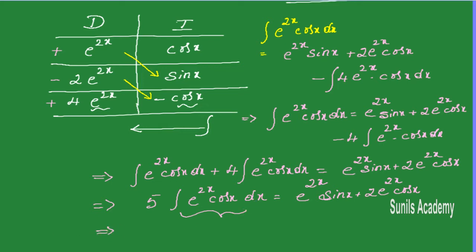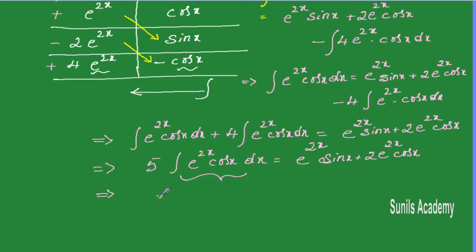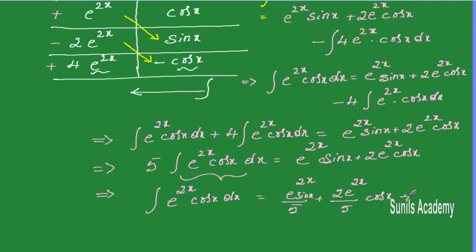Therefore, the required integral is given by: the integral of e to the power of 2x into cos x with respect to x must be equal to e to the power of 2x divided by 5, that is dividing on both sides by 5, sin x, plus 2 into e to the power of 2x divided by 5 into cos x, plus c. So which is the required integral.